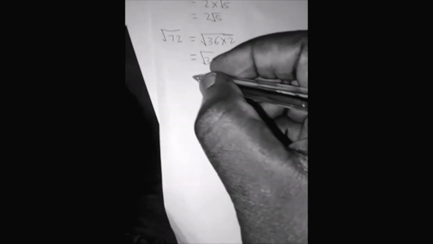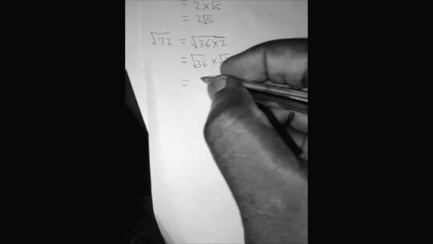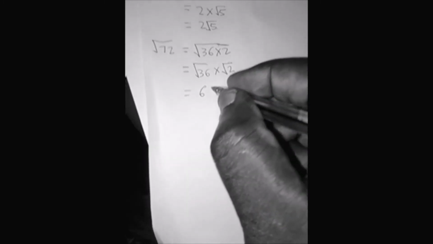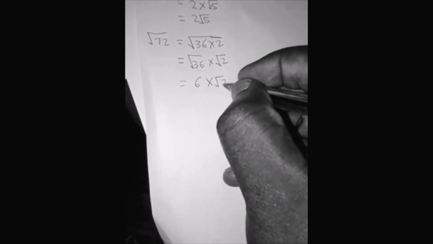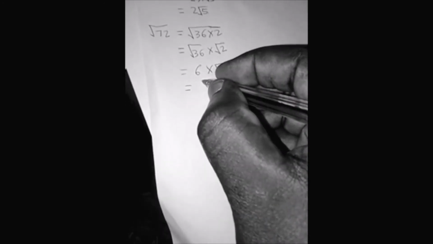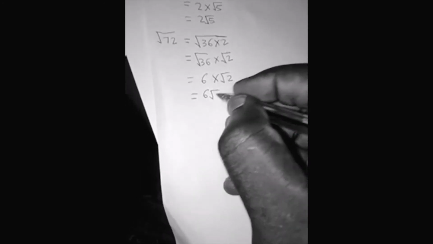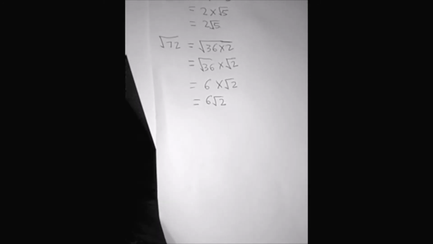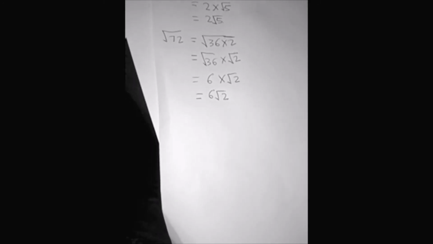This one is a perfect square in which root of 36 will give me 6, times root of 2. So the last value I'll be getting is 6 root 2.